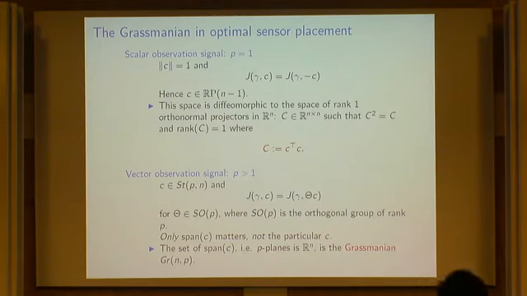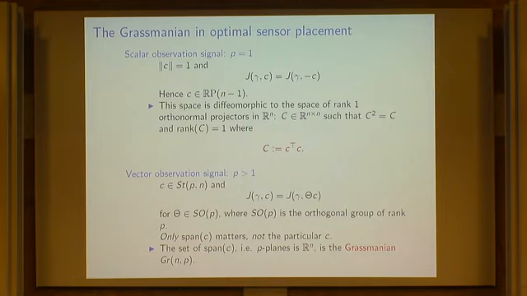Theta belongs to SO(P) if theta transpose theta is equal to the identity of size P. And if I change C to theta C, you can see again that we have some invariance.